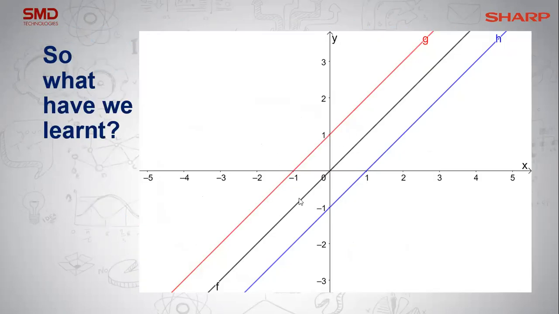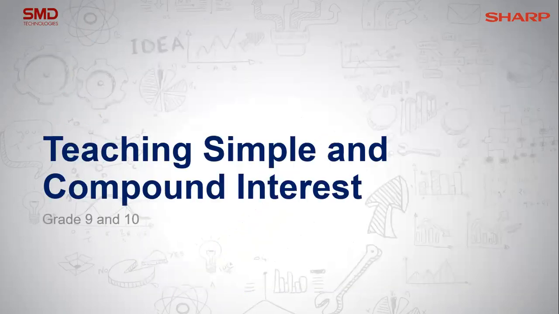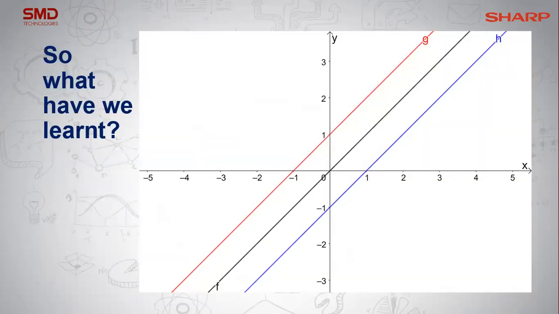Then we can see our original graph, which is just y is equal to x, is here. And then x plus 1 goes up 1. You can see that all of it is equidistant from the original graph, a distance of 1 unit. And if I look at the second graph, which was x minus 1, you can see that it has come down as well.